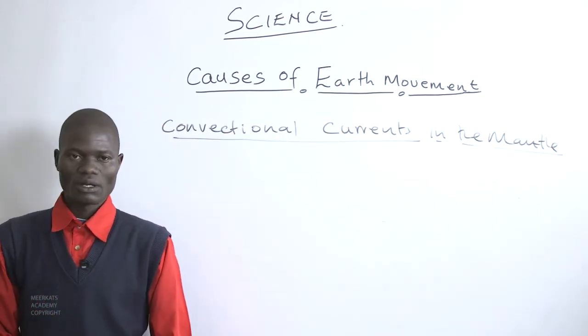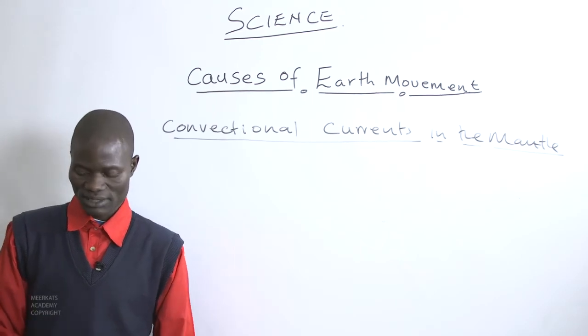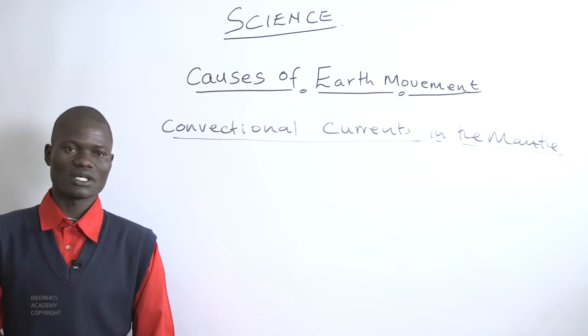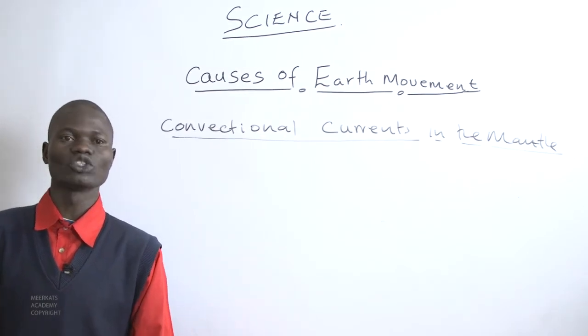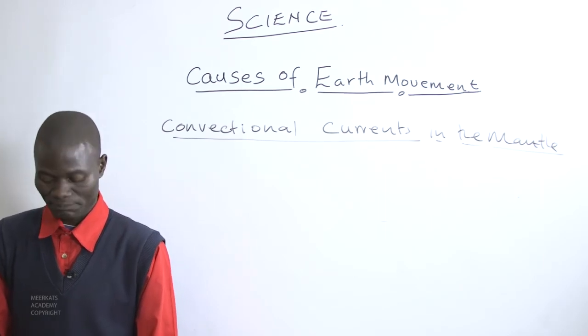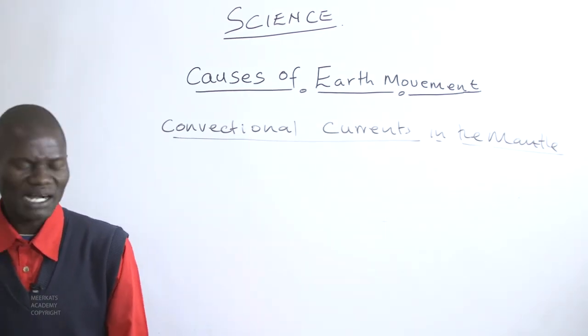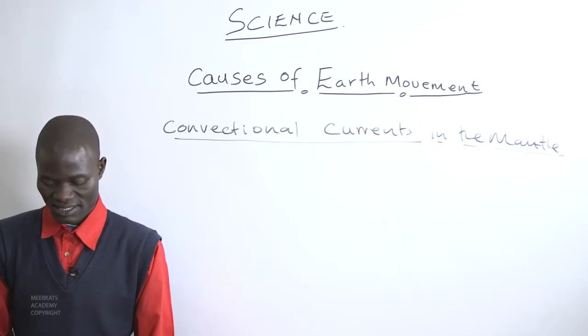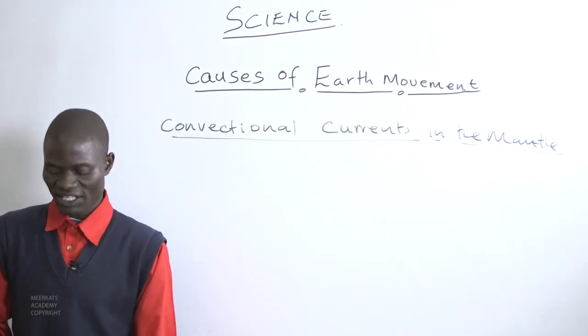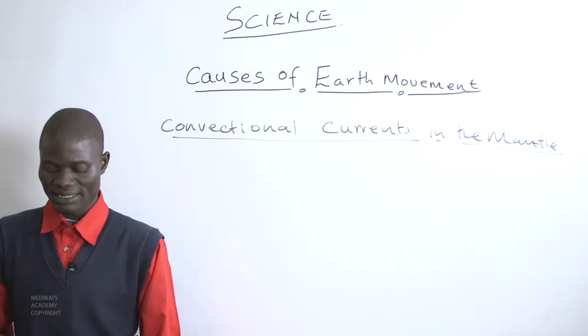Now, we have already seen that in the earth crust, the crust of rocks, some of them exist in molten states, that is magma. And when the magma is in the earth crust, they tend to move and generate circular motions toward the earth crust.